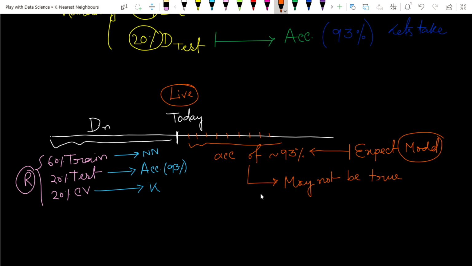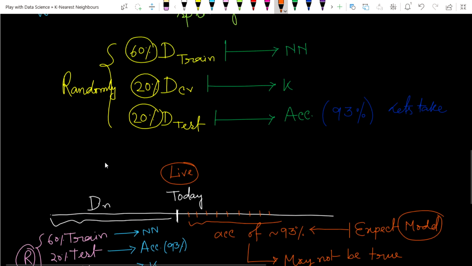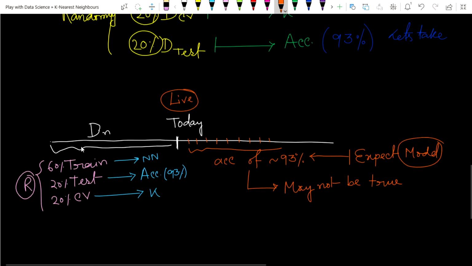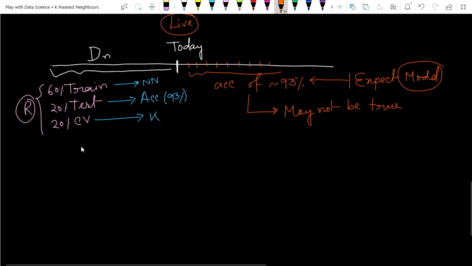We see this in the real world: we build a model using only previous data, but the model may not do the same job accurately and does not give the same accuracy on future data. So in such situations, what do we have to do? Random splitting does not work here; we have to do time based splitting.